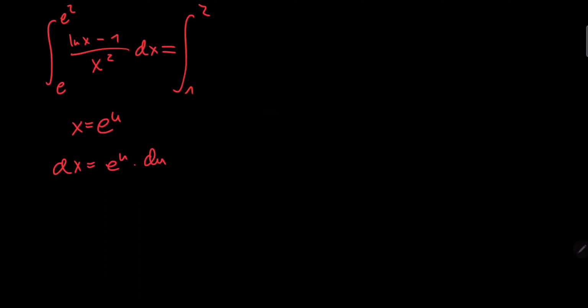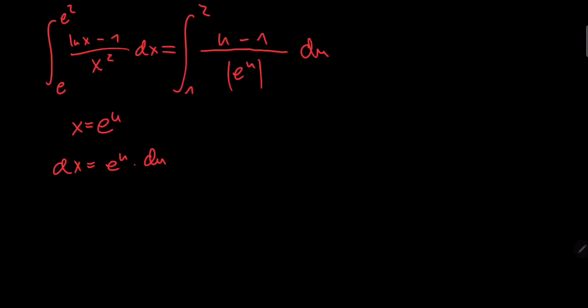And now if we plug this substitution into this function here, we first get ln of e to the u, and that of course is just u, minus 1 over e to the u squared times e to the u du. Next, we want to notice that this square and this e to the u cancel each other out.